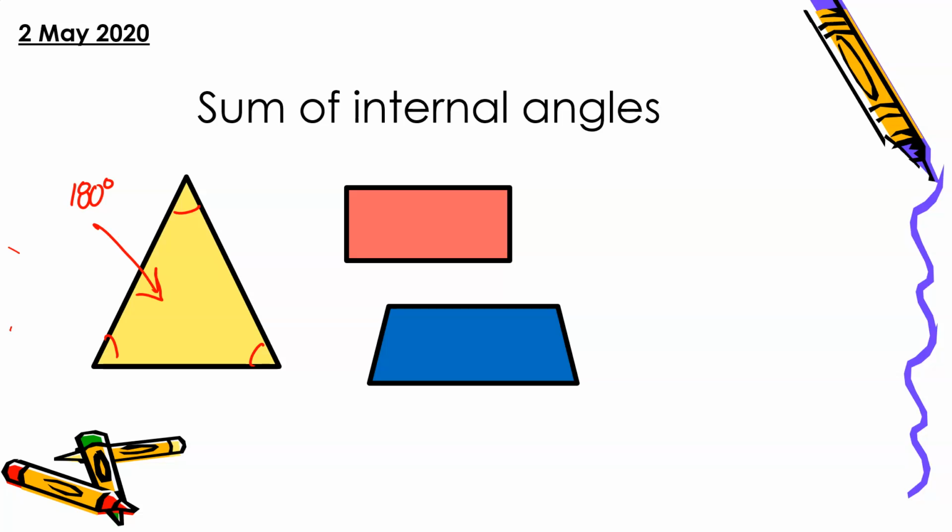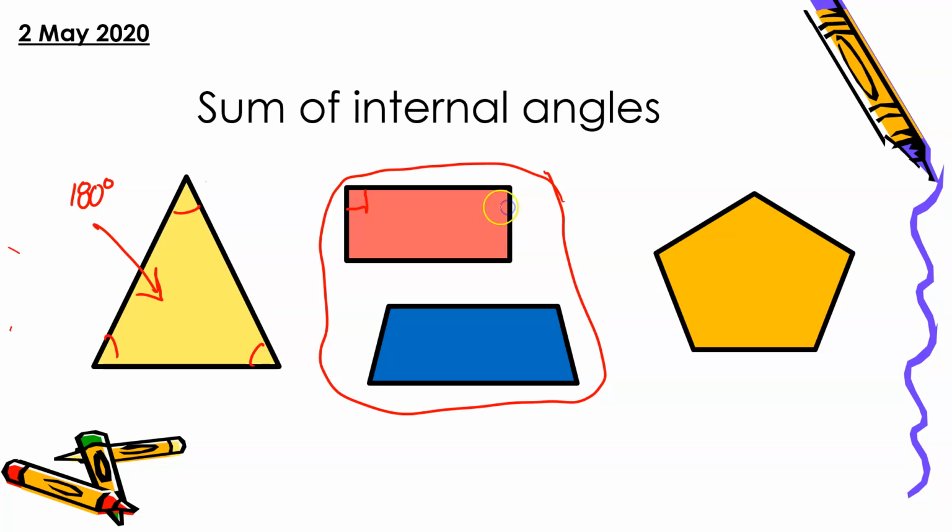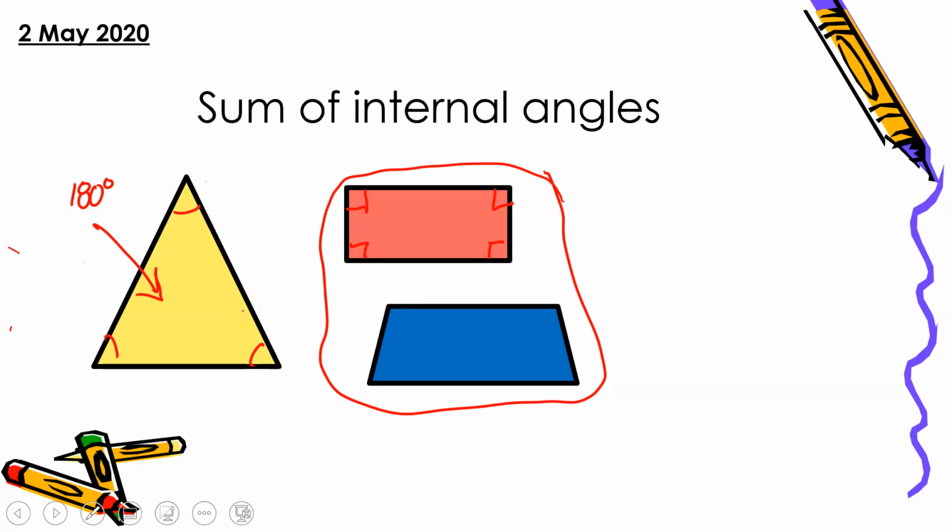Here we've got a rectangle and a trapezium. The internal angles, which are right angles on a rectangle and not right angles on a trapezium, add up to 360 degrees.